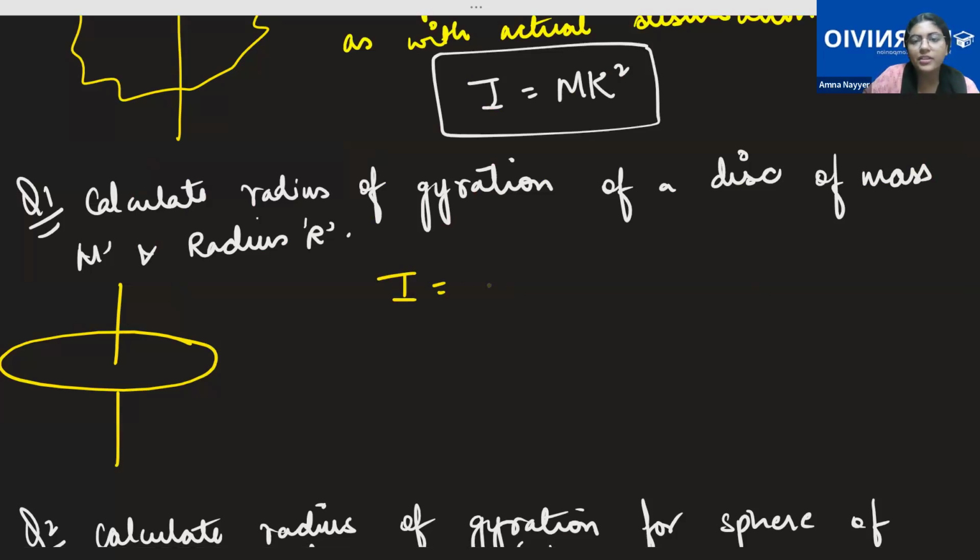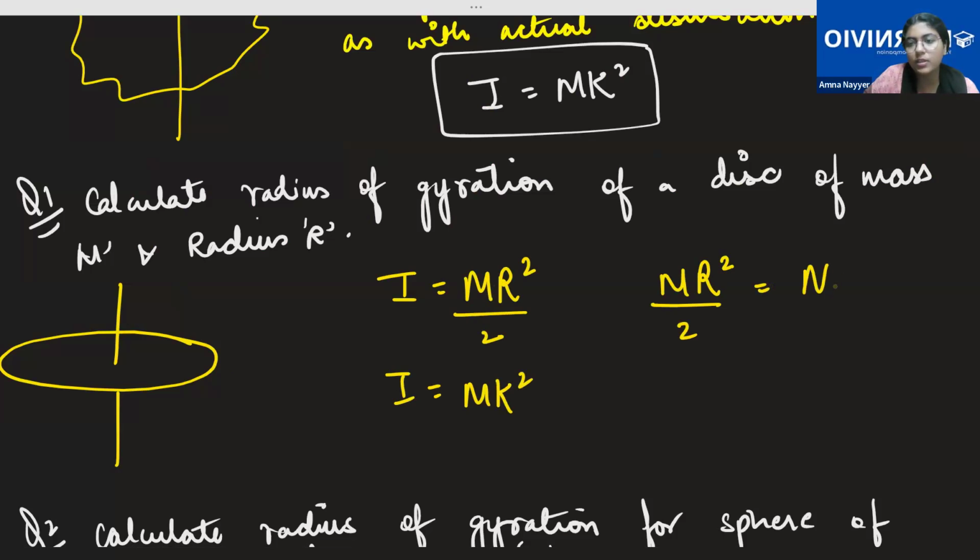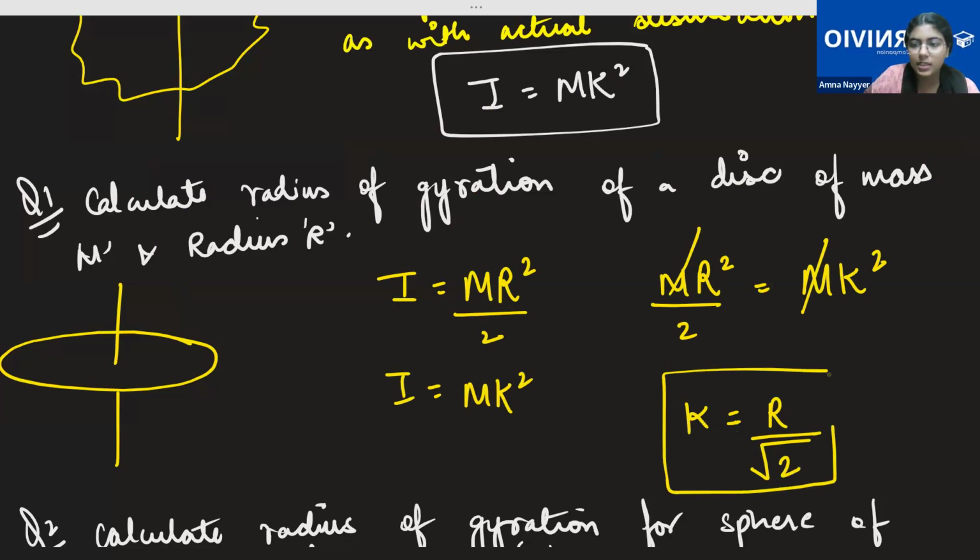So moment of inertia will be m r square by 2 by default for this one. And I is equal to m k square. So both of these will be equal. m r square by 2 equal to m k square. Mass will be cancelled. K is equal to r by root 2. This is the radius of gyration.